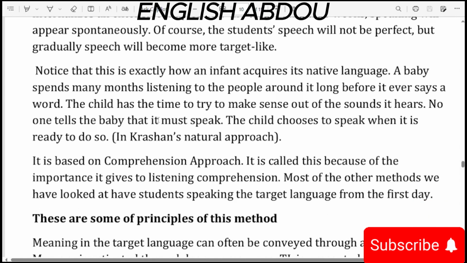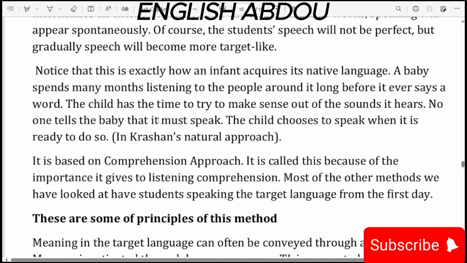Notice that this is exactly how an infant acquires his native language, and this is a small example you can take. A baby spends many months listening to the people around it.